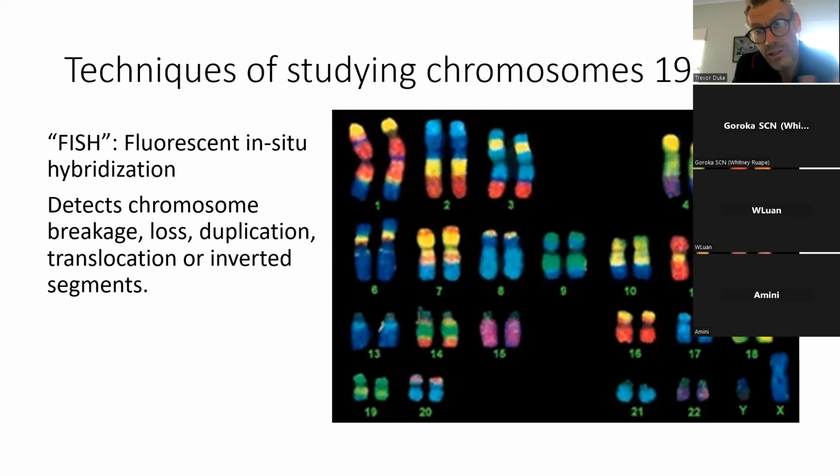And that it's color banded instead of just being grey and black, and that enabled the detection of chromosomal breakage and chromosomal loss and duplication and translocation or inverted segments at a much more, I would say, microscopic level, or a much greater level of detail. And so because of that, many other diseases were identified that had these other more minor chromosomal abnormalities.